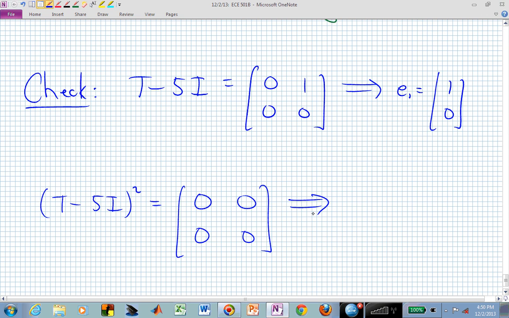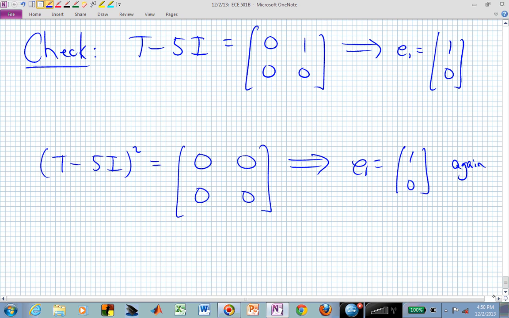This now allows me to produce a two-dimensional subspace. One of those could be E1 again, and the other one, E2, could be orthogonal, orthonormal even, in 0, 1.